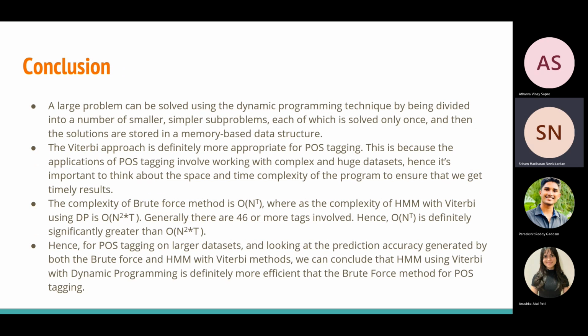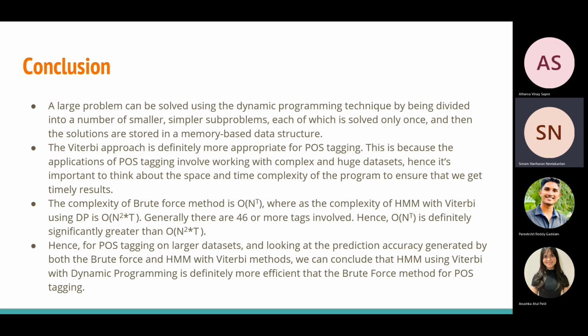So the conclusion is: the data set was not very big in our case, but in case of larger data sets, the brute force algorithm is definitely going to take a very large time, and we also have to sort out different methods or more efficient data structures. But the Viterbi algorithm is more appropriate for POS tagging because it handles large data sets well and processes them in much lesser time.